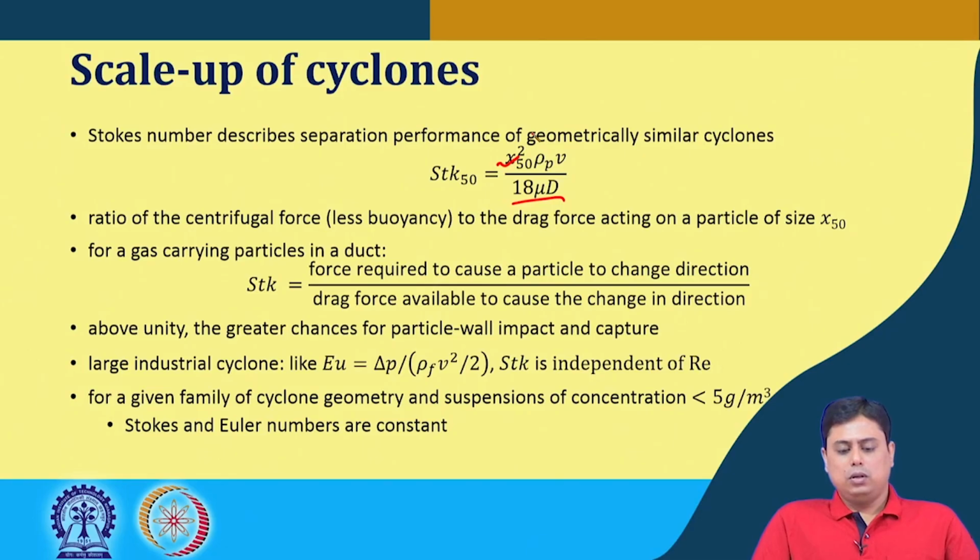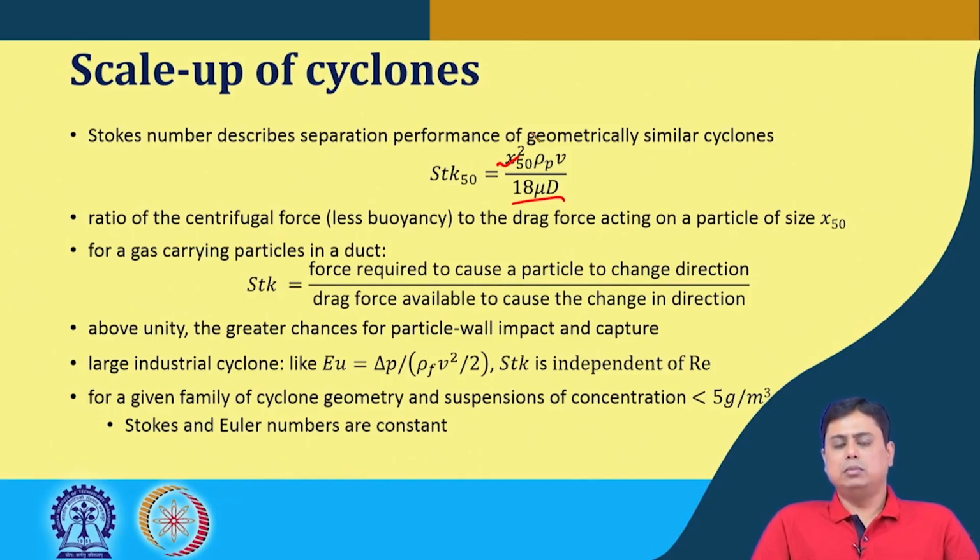Now, if you remember the expression of the Euler number, which we will see frequently when we solve a couple of problems, that involves the pressure drop information and the characteristic velocity. Here the Stokes number involves the cut size, the cyclone diameter and the characteristic velocity.